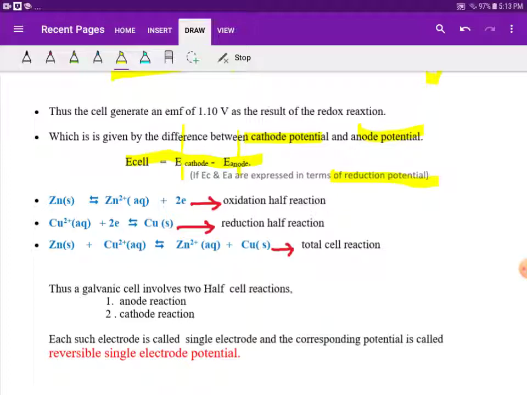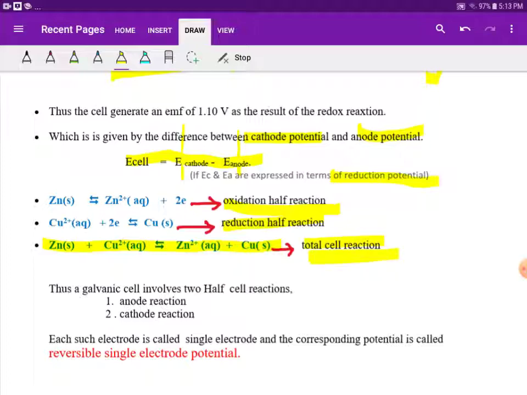Overall, Zn(s) giving Zn2+(aq) plus 2 electrons is the oxidation half reaction, and Cu2+ plus 2 electrons giving Cu(s) is the reduction half reaction, and Zn(s) plus Cu2+(aq) giving Zn2+(aq) plus Cu(s) is the total cell reaction.